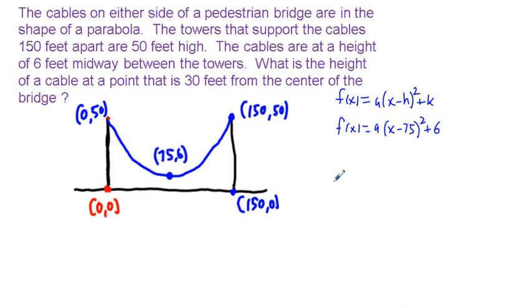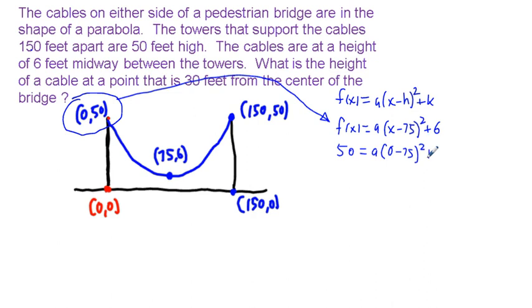We can take any of these points to make this work out. I'm going to take this one right here, 0, comma 50, because that's just one other point. So f of x, which is 50, is equal to a, and then x is 0, so we have 0 minus 75 squared plus 6.